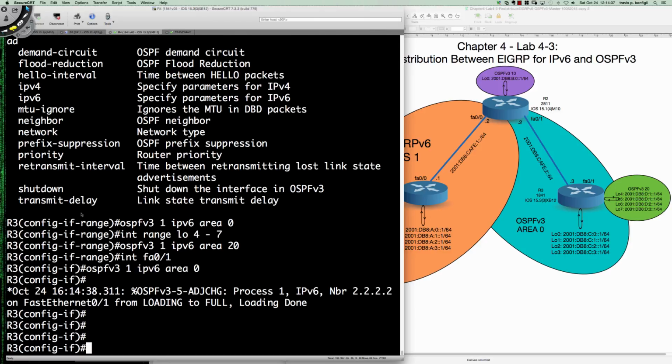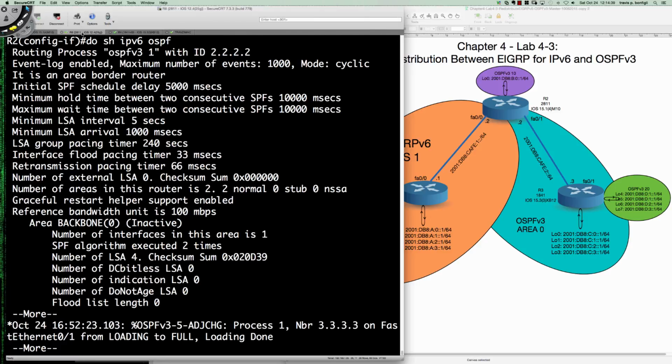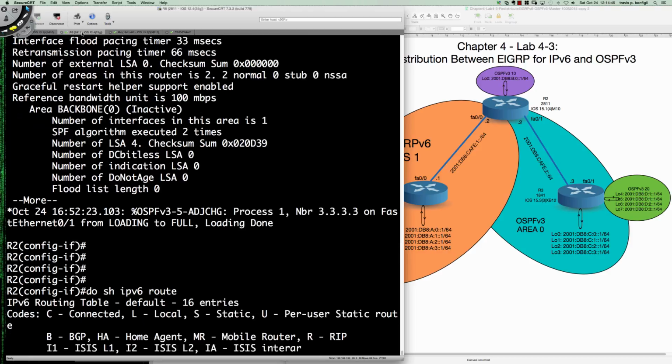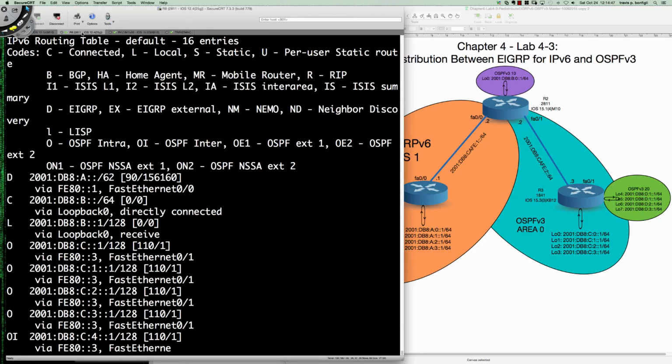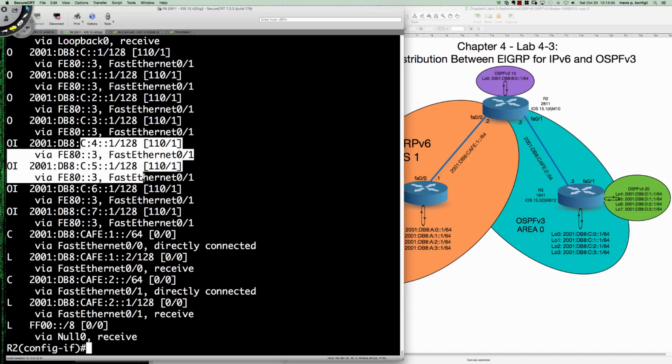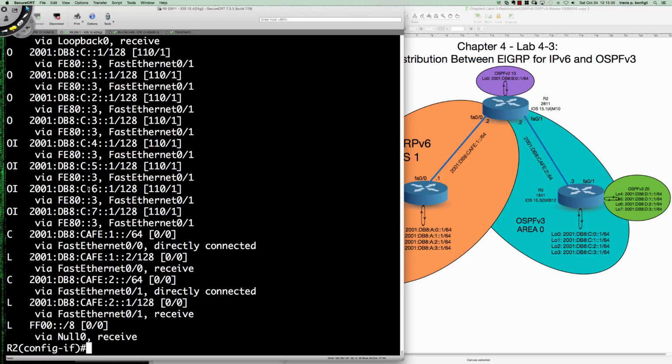So let's take a look now. Let's transition over here to router 2, and let's see some of our routing information. Do show, and they want us to run IPv6 route. And so as you can see, we've got quite a few inter-area routes, right? These are coming from area 20. I'm sorry, I'm on router 2.